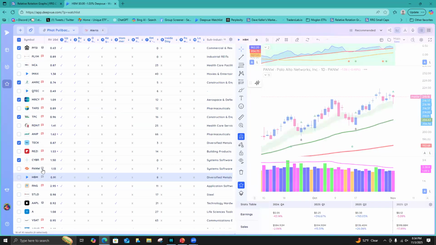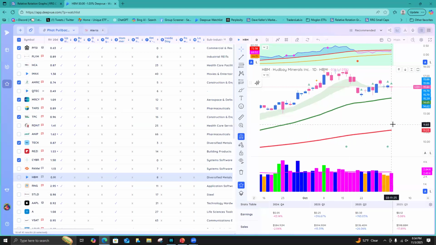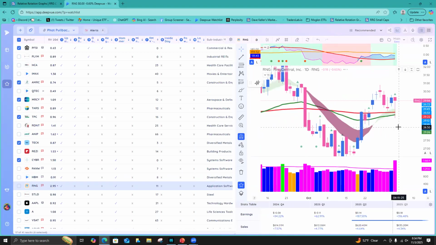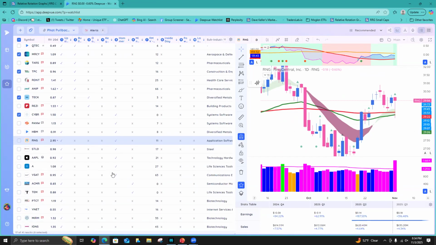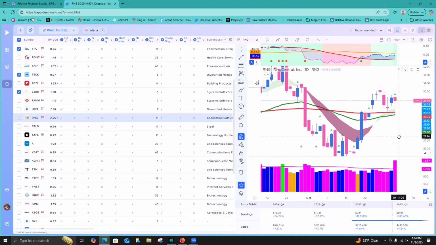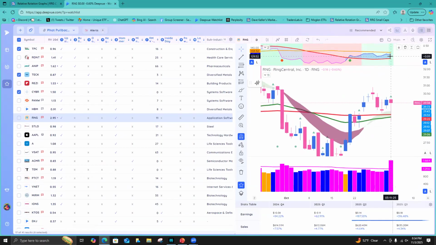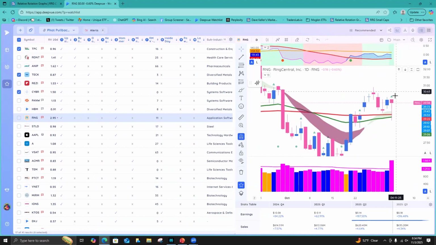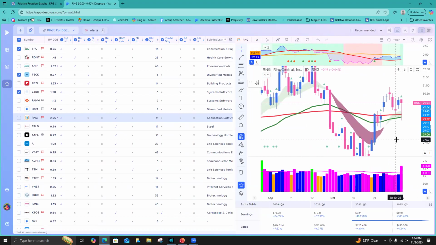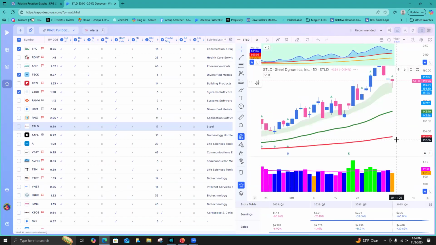It's a little bit extended for this market. For me, HBM, I'd like to see a pullback. We'll check that one when we get done. RNG, that's beautiful relative strength. Like I said, look at it moving into Stan Weinstein phase 2. Not enough volume there for me.